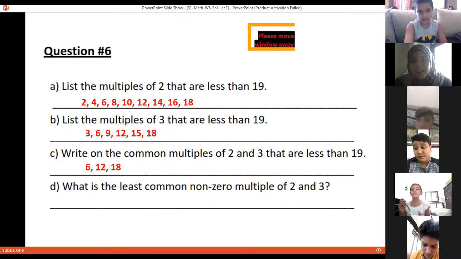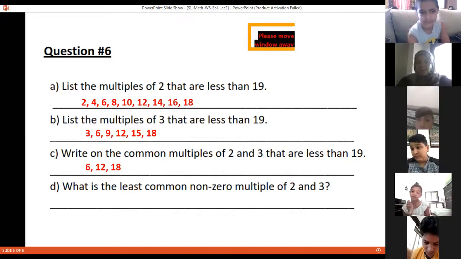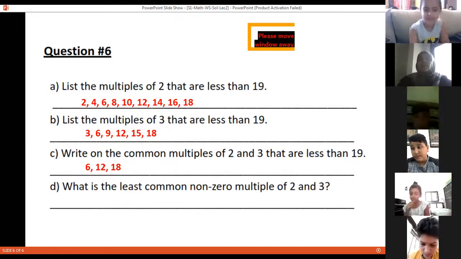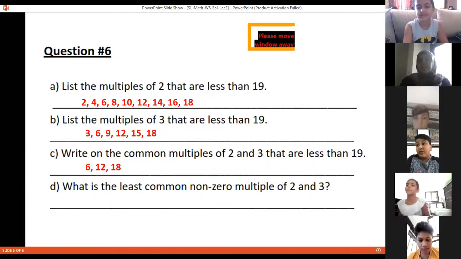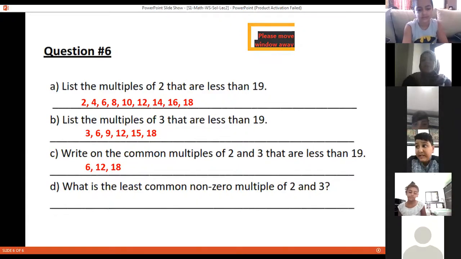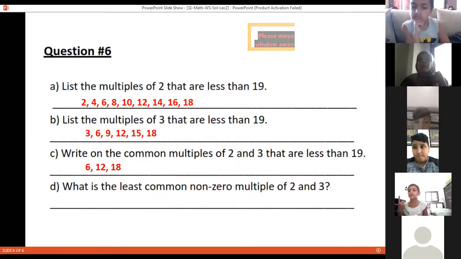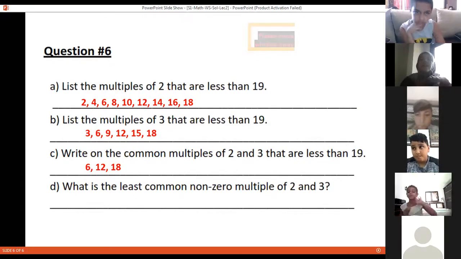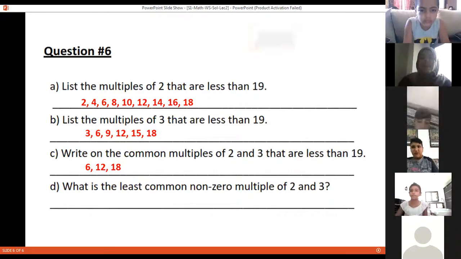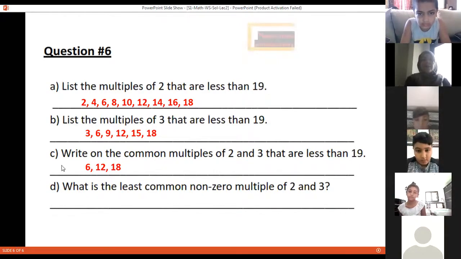Miss, I didn't understand this. Me too. Okay. I'm going to explain it, okay? When I ask about the least common multiple, look at the common multiples.